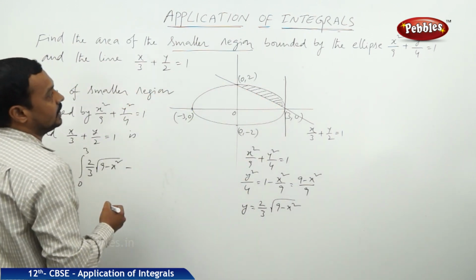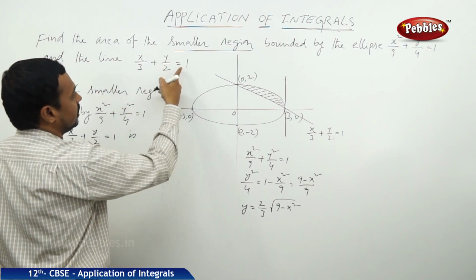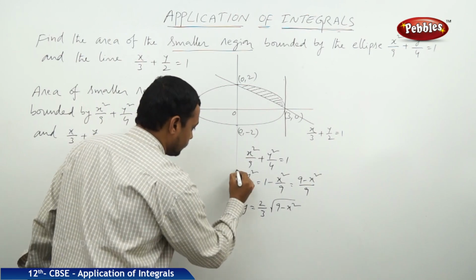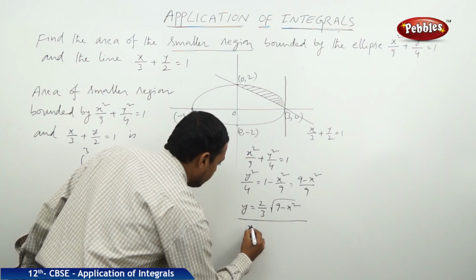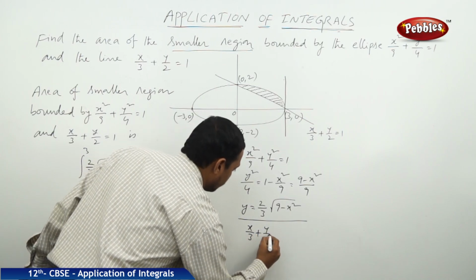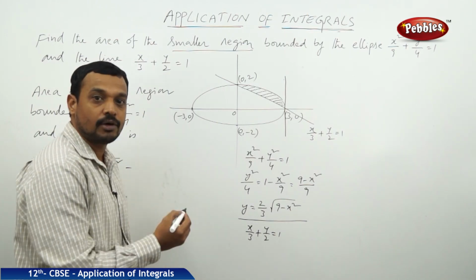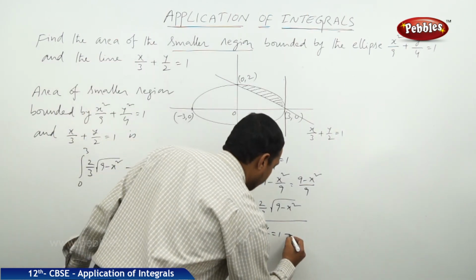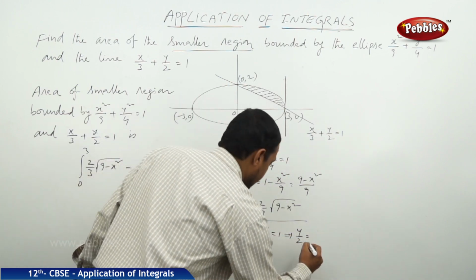Here the straight line is x/3 + y/2 = 1. Now let us make that straight line also in the form y = f(x). For that, y/2 = 1 − x/3.